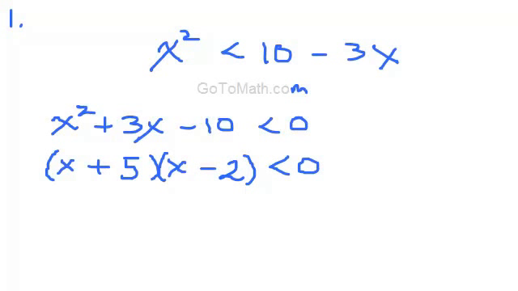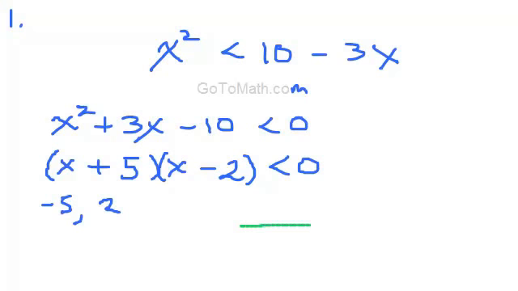As you can see here, the zeros of this are going to be negative 5 and 2, because when I plug negative 5 in, I get 0, and when I plug 2 in, I get 0 also. What we're going to do now is draw a graph.